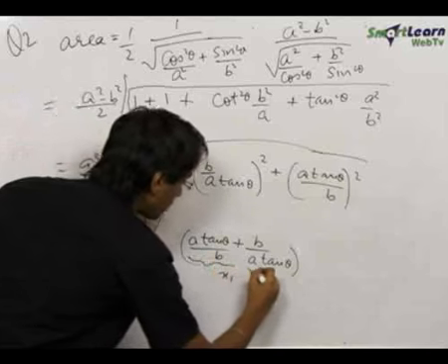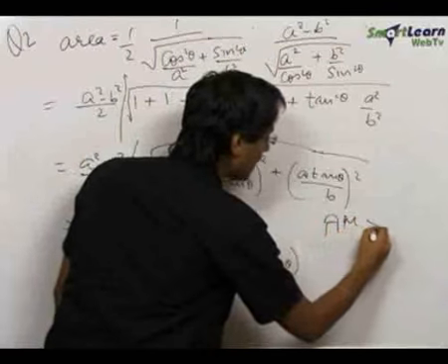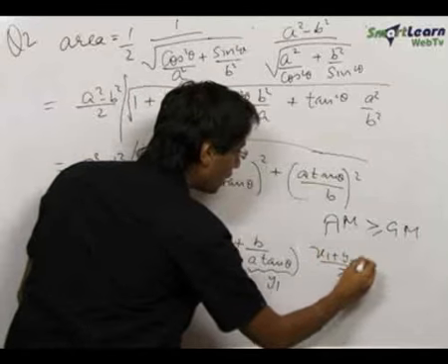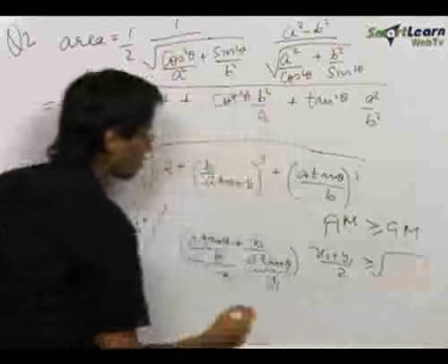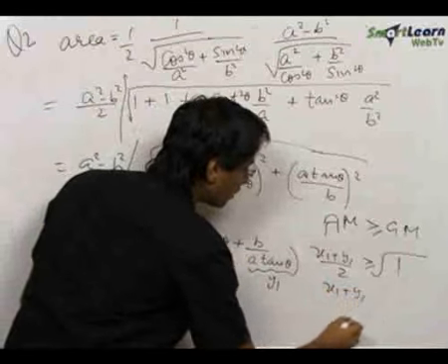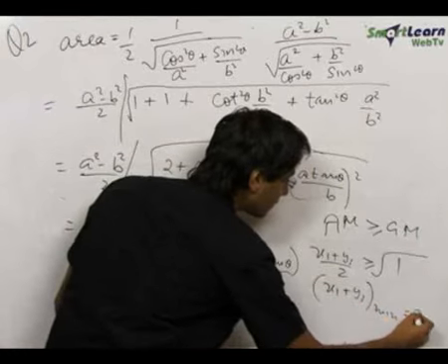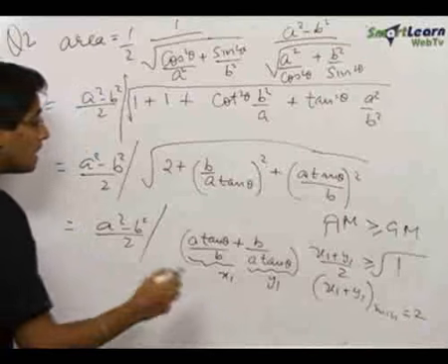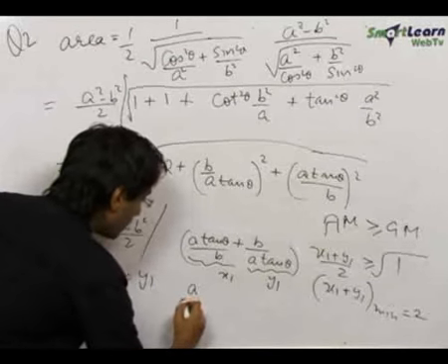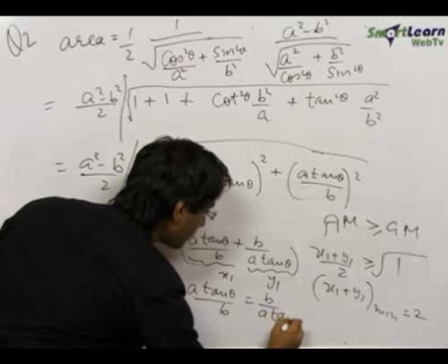Considering this as x1 and this as y1, from the inequality AM greater than or equal to GM, we have x1 plus y1 by 2 is greater than or equal to under root of x1 into y1, and we know that x1 into y1 is 1. So x1 plus y1 is greater than or equal to 2, and hence the minimum value of x1 plus y1 is 2, and the minimum value occurs when x1 is equal to y1, that is a tan theta by b is equal to b upon a tan theta.